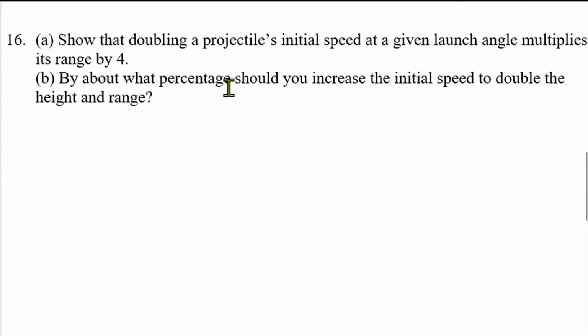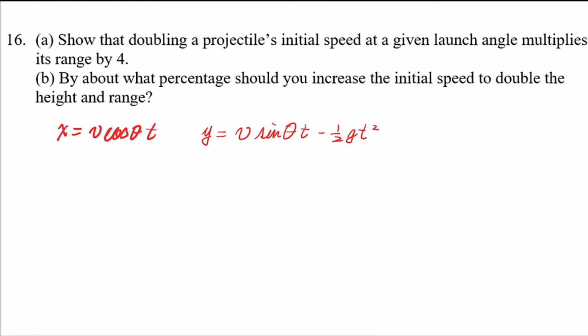So by what percentage should you increase the initial speed to double the height and the range? Okay. So let's write down this projectile motion thingy. So we have x is equal to v cosine theta t, and then y is equal to v sine theta t minus 1/2 g t squared, right?